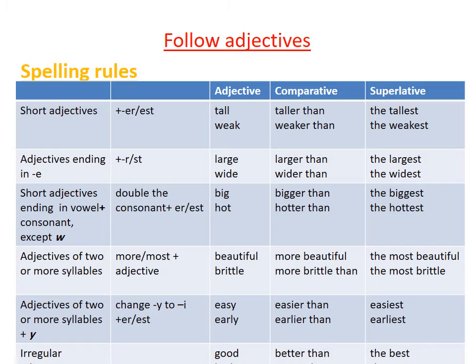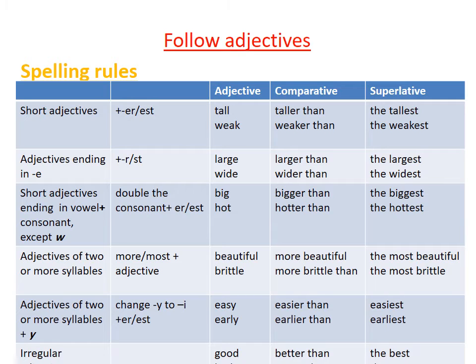We know of course the vowel sounds. We are dealing with vowel sounds: A, E, I, O, U. These are the vowel sounds. We deal with pronunciation, not the letters, by the way.